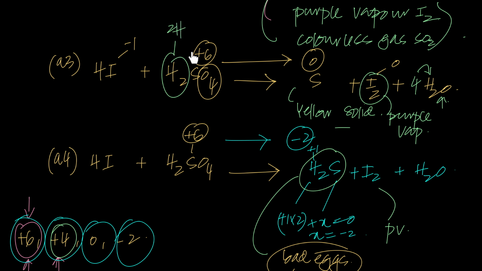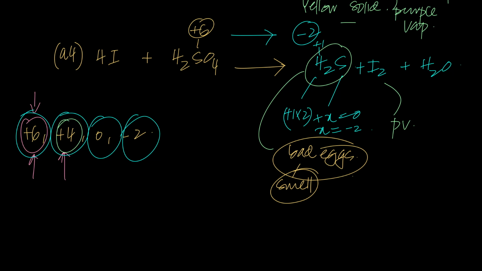I don't want to mess with these because then I'll have to mess with the O's again. How many more H's do I need? 6 more. So x is equal to 6. I get 6 H's here, and in the end I just balance the I's. S is already balanced, so with the I's, you have 6 I's here. I'm going to put a 3 right here, and that's the balanced equation.